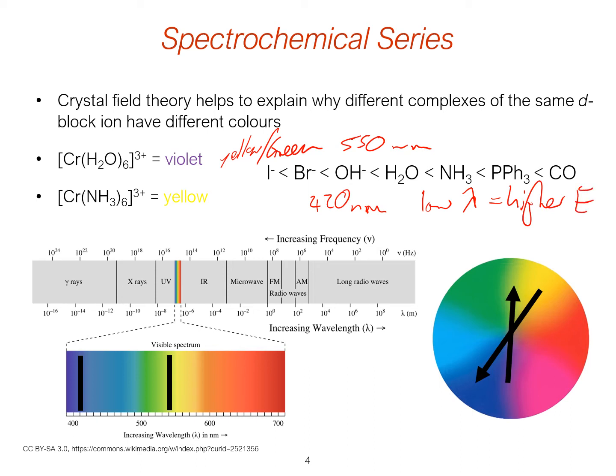And that's why it's higher up in the spectrochemical series, because it causes a higher crystal field splitting and therefore absorbs light at a lower wavelength. And if it was possible with chromium, you could make complexes of all of these ligands and then see how the wavelength of light changes as we go through the series.